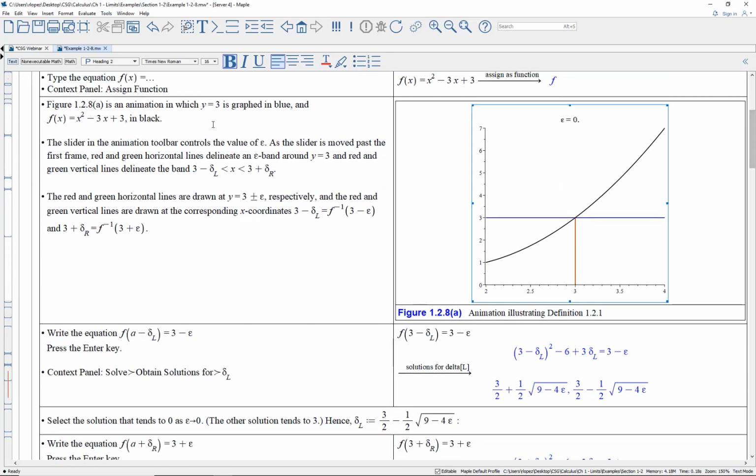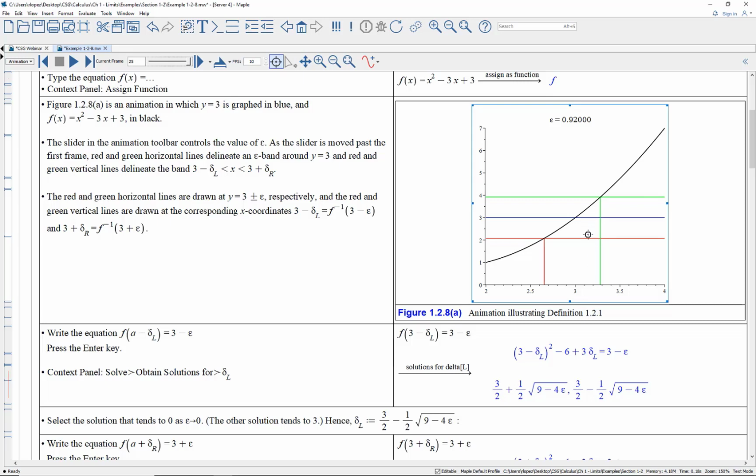Clearly, this animation right here is obvious, right? Here you have 3, here you have the graph, you have bounds for x that correspond to an epsilon band. So here's the epsilon band, and you can manipulate it.